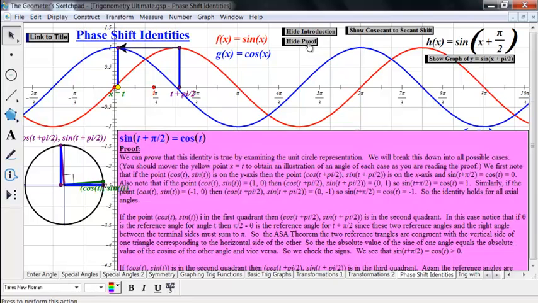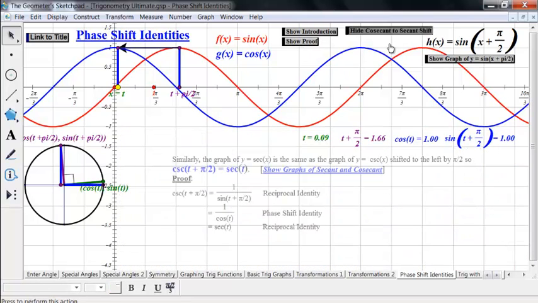Now, because of this, we get a very similar relationship between secant and cosecant, since they're just reciprocals of sine and cosine respectively. So we get a similar proof that cosecant of t plus pi over 2 is equal to secant of t, and the proof is very simple once we prove the other one, because cosecant of t plus pi over 2 by the reciprocal identity is 1 over sine of t plus pi over 2.